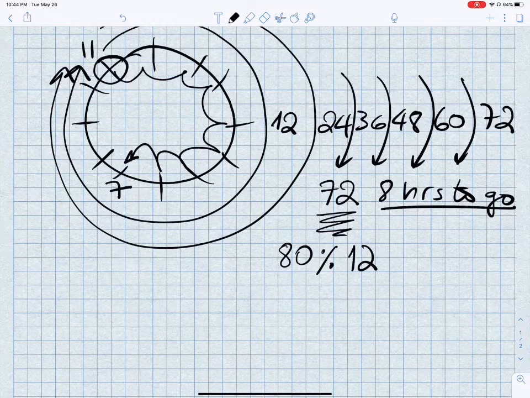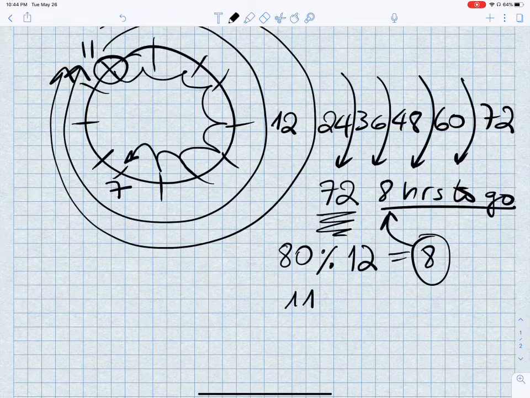This gives you 8, the same 8 that we got graphically. Once you have 8, you just do some time arithmetic: 11 plus 8 hours takes you to 7 p.m.